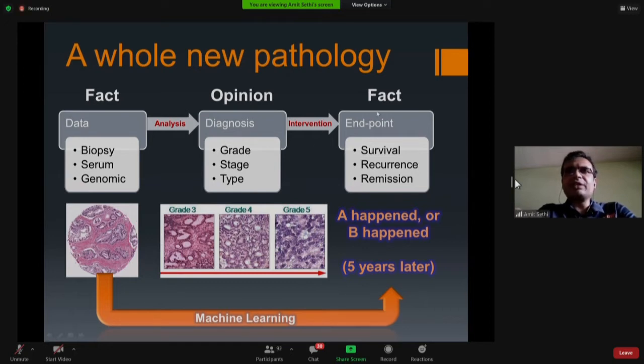And after the treatment is done, if we observe the person for a few years, then we will know whether the person has survived or not, whether the cancer came back or not, etc. So this middle part, on which the treatment is based, a lot of that is subjective. And even though there are guidelines on how to grade cancer, there are differences even among expert pathologists.